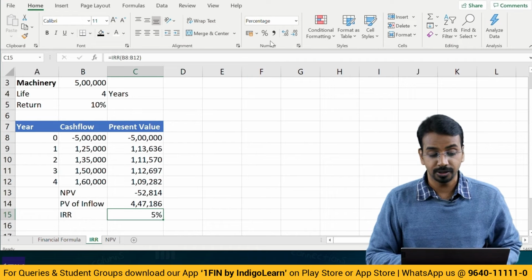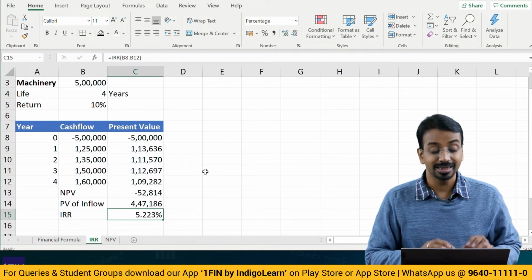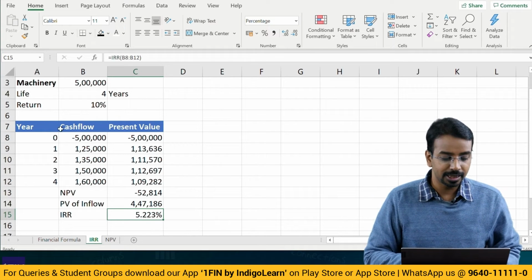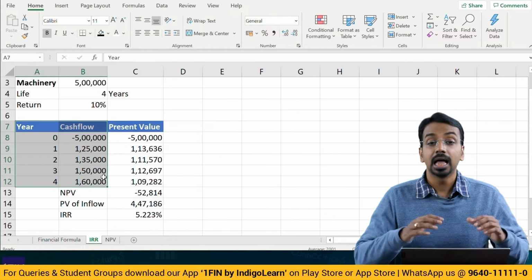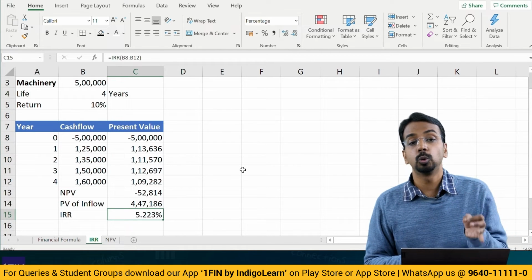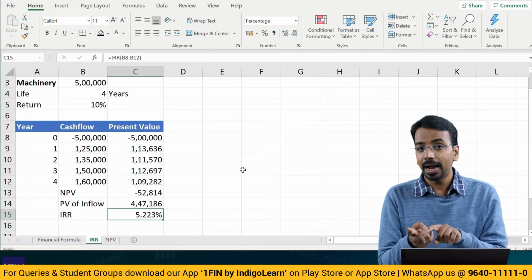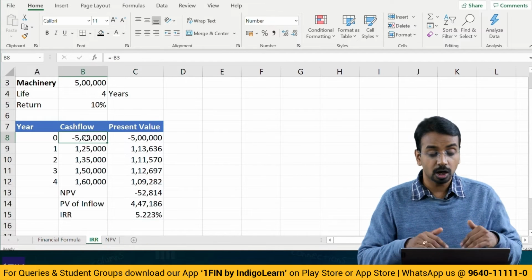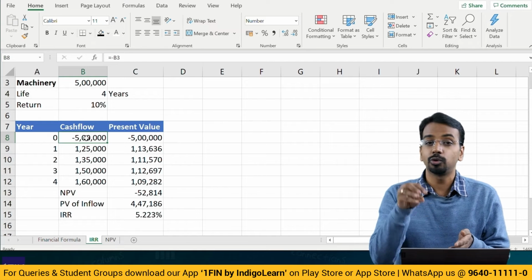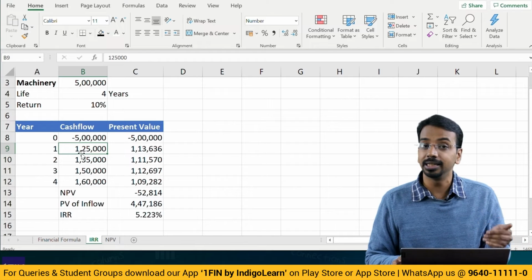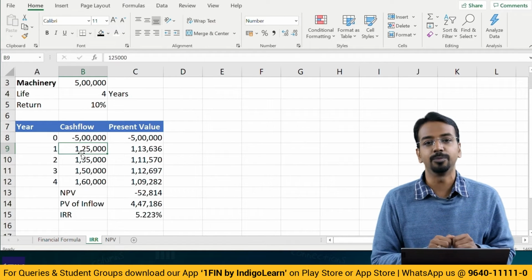You hit enter, it tells 5%, and if you actually increase the decimals, it says 5.223%. Now this basically means this series of cash flows is going to give us a return of 5.223%. Now as compared to NPV, the change in IRR is that the first cash outflow is assumed to have happened at year 0 and then these at the end of each year, which was not the case with NPV.